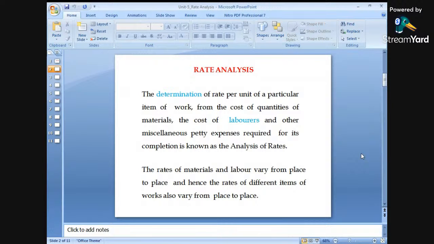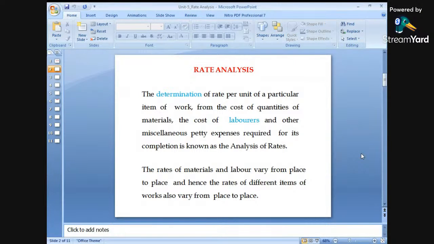How to find out the cost of earthwork in excavations, or how to find out the cost of PCC, or how to find out the cost of RCC and the different types of works which have been carried out. These things are to be calculated and studied in the cost analysis. Okay, so one by one we will see the different concepts related with the cost estimation.